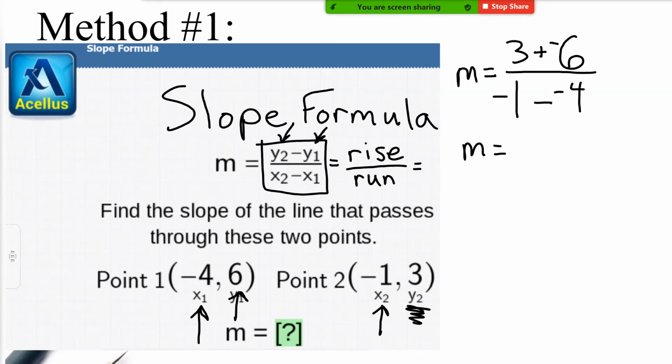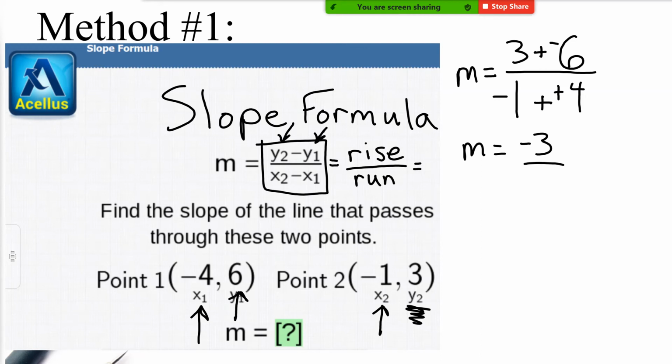So the numerator is -3. In the denominator, we have -1 minus -4. That is the same thing as -1 plus 4, because two negatives make a positive. Now I have the math, -1 plus 4. That is the same thing as 4 take away 1.